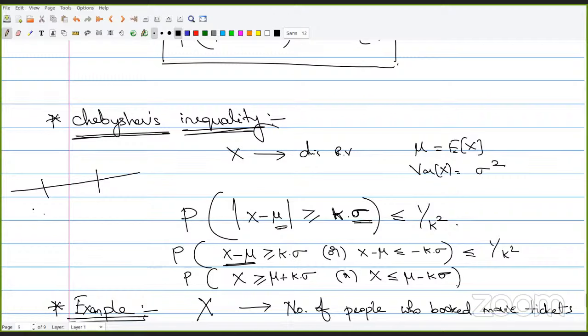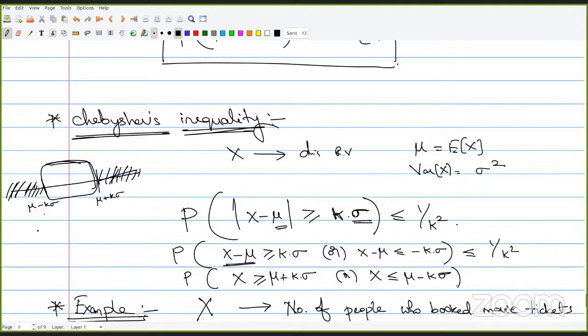Now let's say this is mu minus k sigma, this is mu plus k sigma. So x greater than or equal to mu plus k sigma, or x less than or equal to mu minus k sigma, this probability is less than or equal to 1 by k square. That means either this side or that side, that probability will be less than or equal to 1 by k square. Then what will be the probability that is inside?